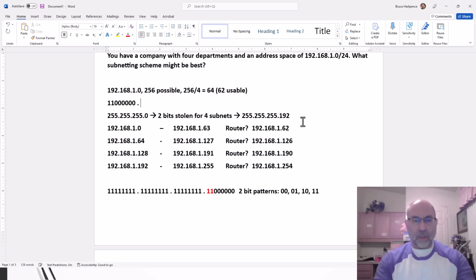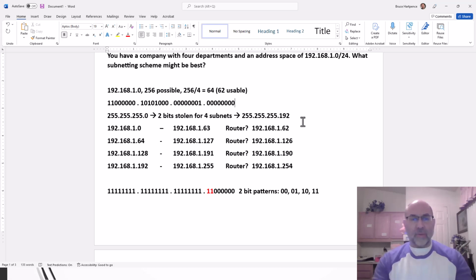Then 168 is 128 plus 40: 64, 32, 16, 8. And then 1, that one's pretty easy. So this is my classful address space converted to binary.